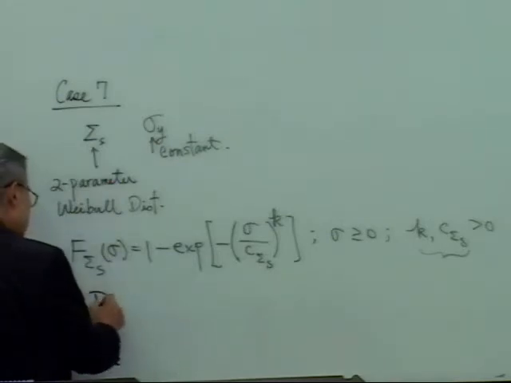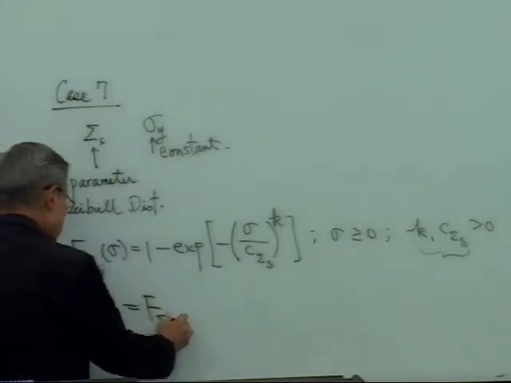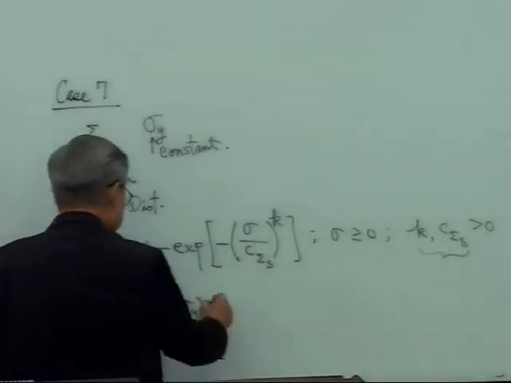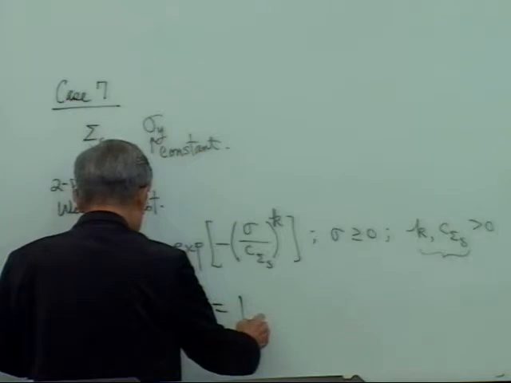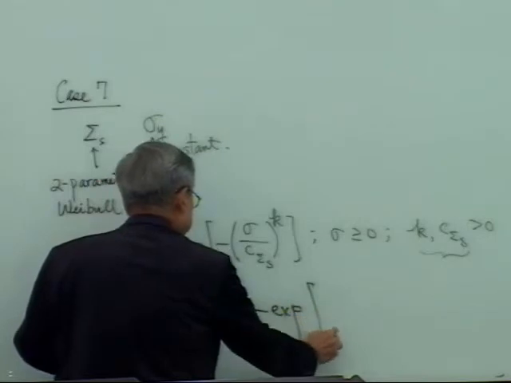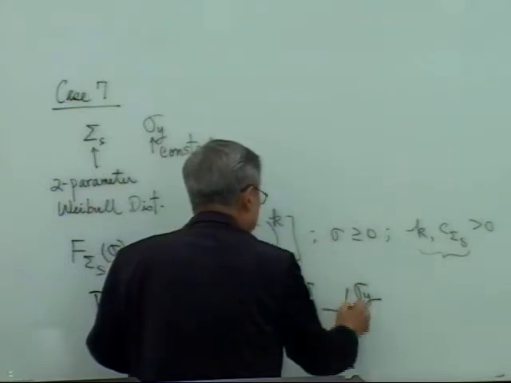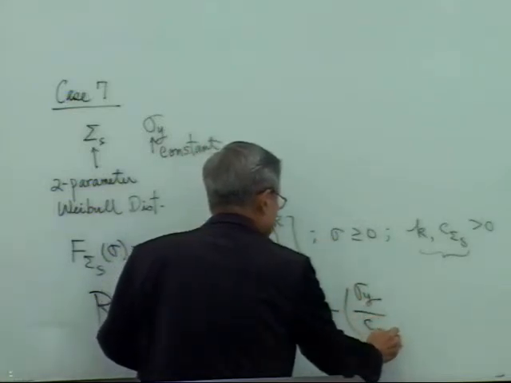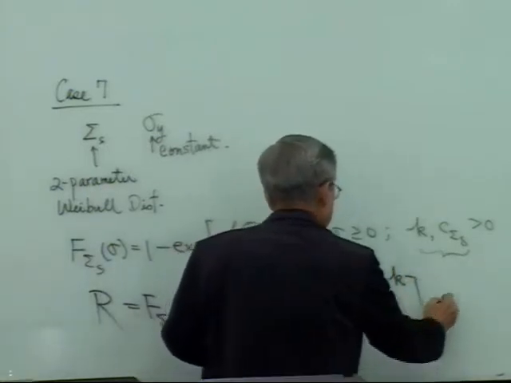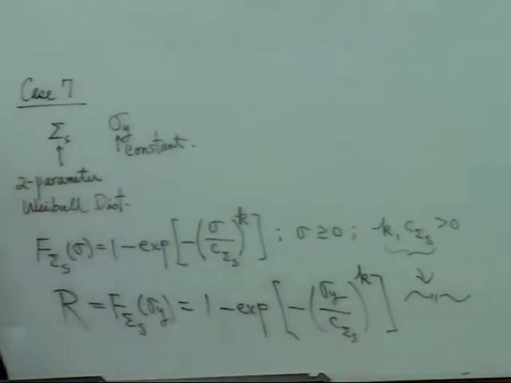And once you get that, as we always have done, that is equal to the same exp minus sigma y over C sigma S, to the K. Others are all the same, which is coming down.